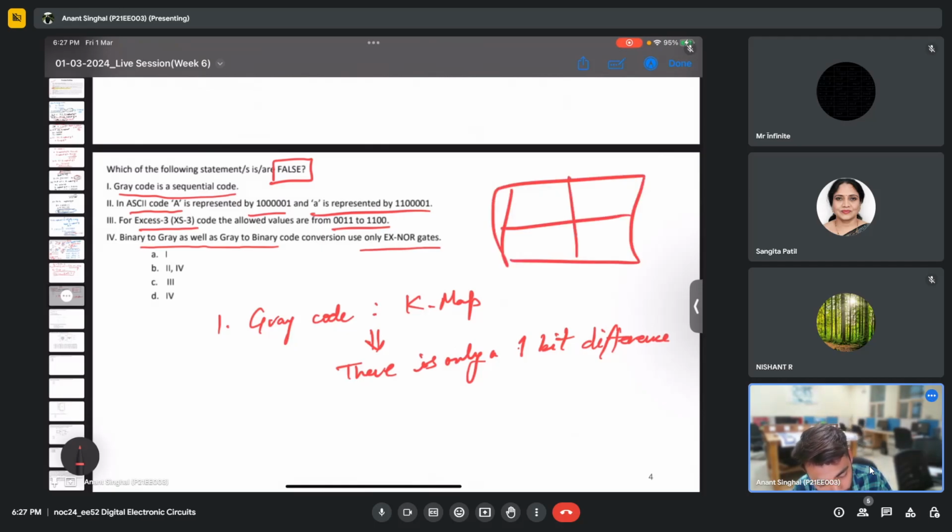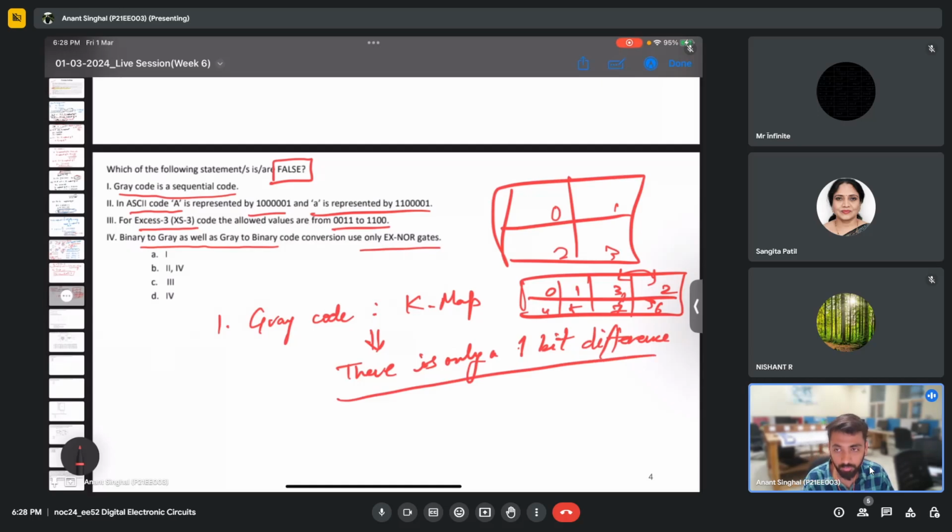Let's say 0, 1, 2, 3. So for a 3-bit code, what we do is we made 2, 3, instead of that, we made 3, 2 because the gray code is like complementary here. Then 4, 5, 6, 7, it is like that. To make a difference of 1 bit in each of the consecutive bits, so gray code is a sequential code is correct, and we need to check which of them is false.